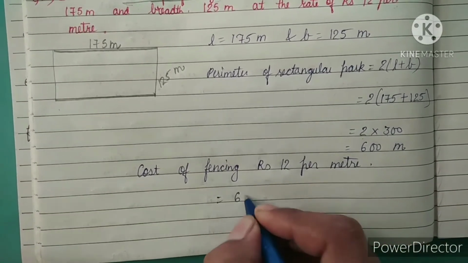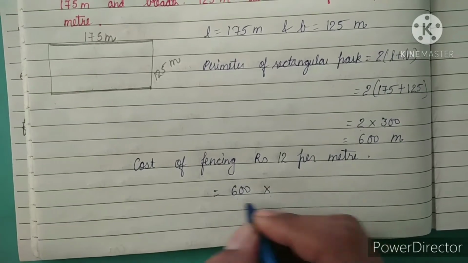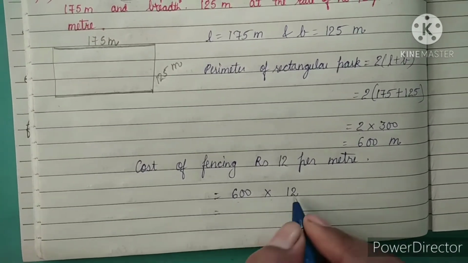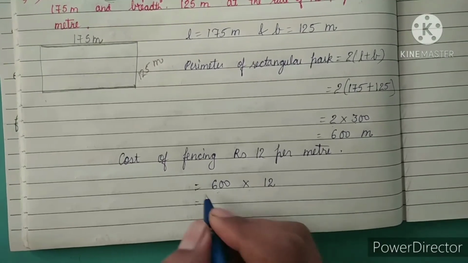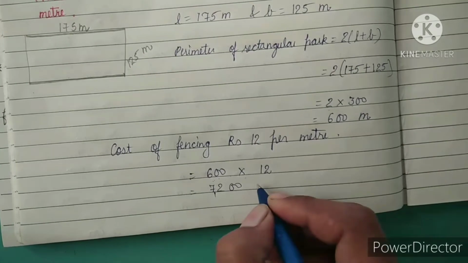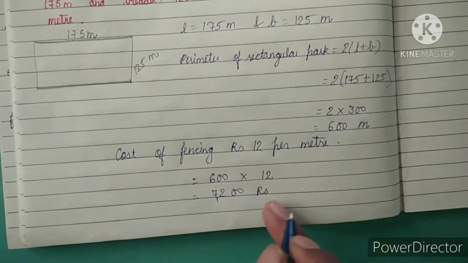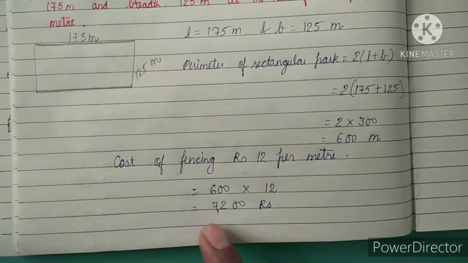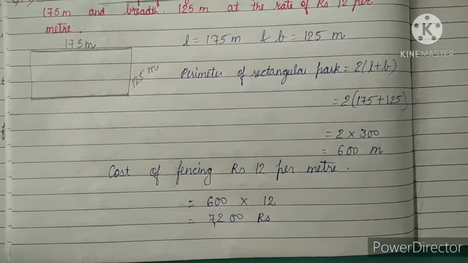But we have 600 meter. That's why 600 will multiply by 12, and 12 times 6 is 72, and 00 as it is. So the total cost of fencing the rectangular park is 7,200 rupees.